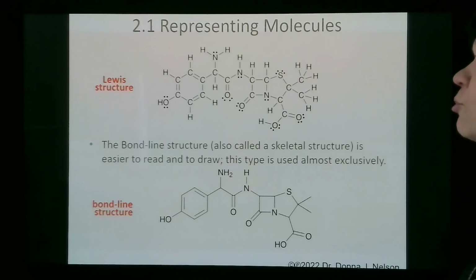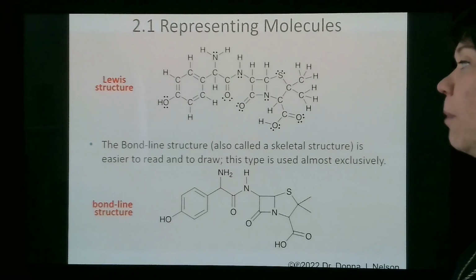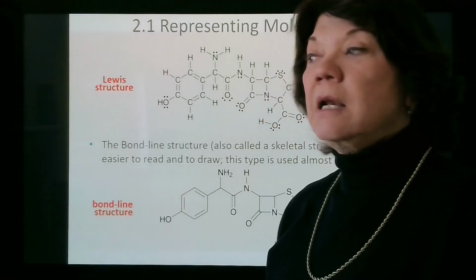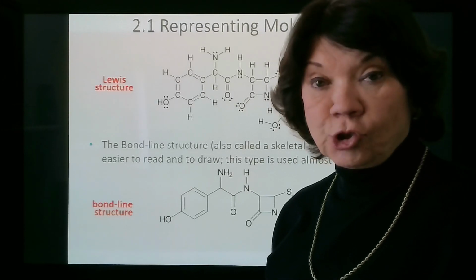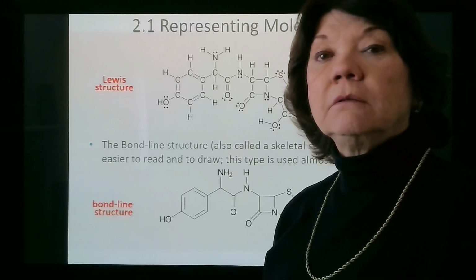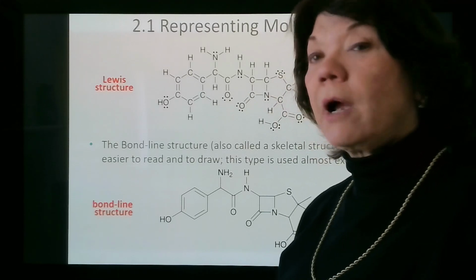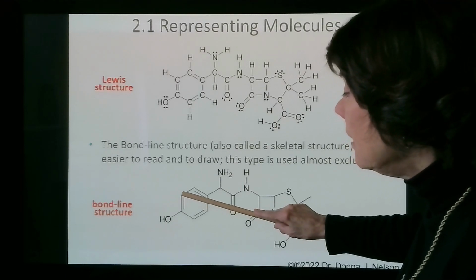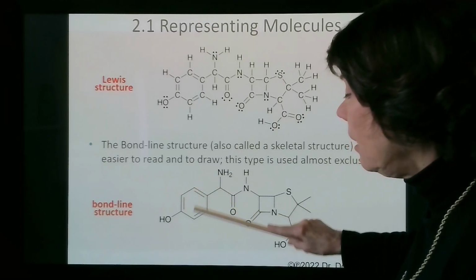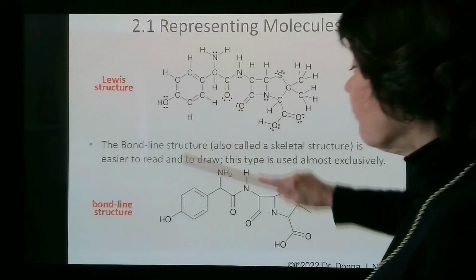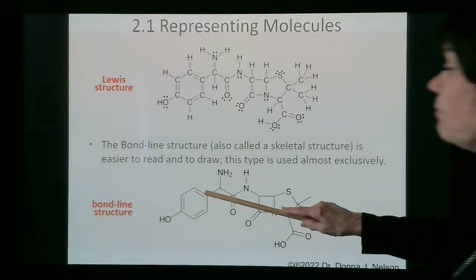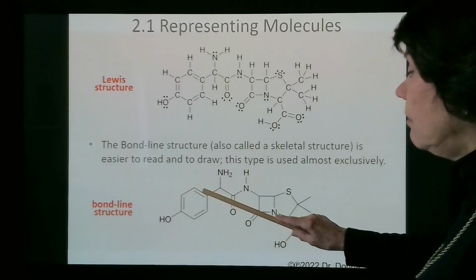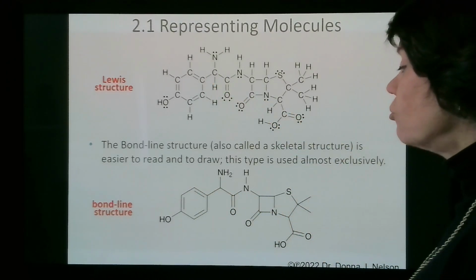We're not usually that interested in CH bonds unless they happen to be reacting in the particular reaction that we are studying or trying to use. And so here you see the CH bond is missing. It's understood that it's here. So every one of these CH bonds that's missing, one would need to be able to know that it's there, even though it's not drawn in.